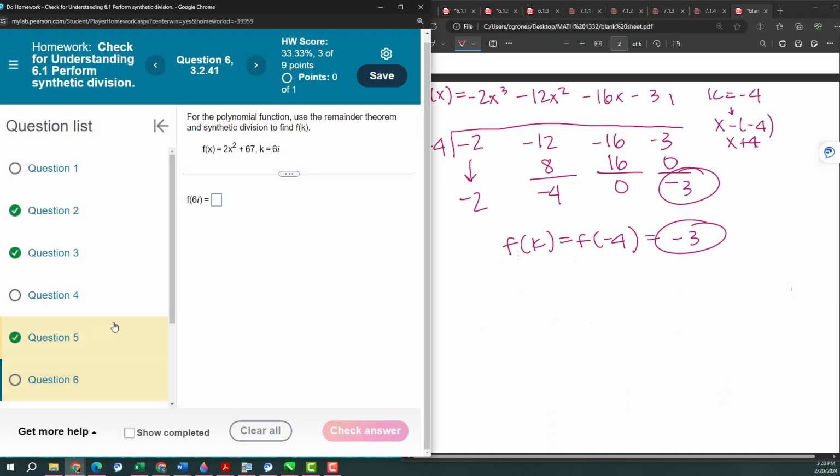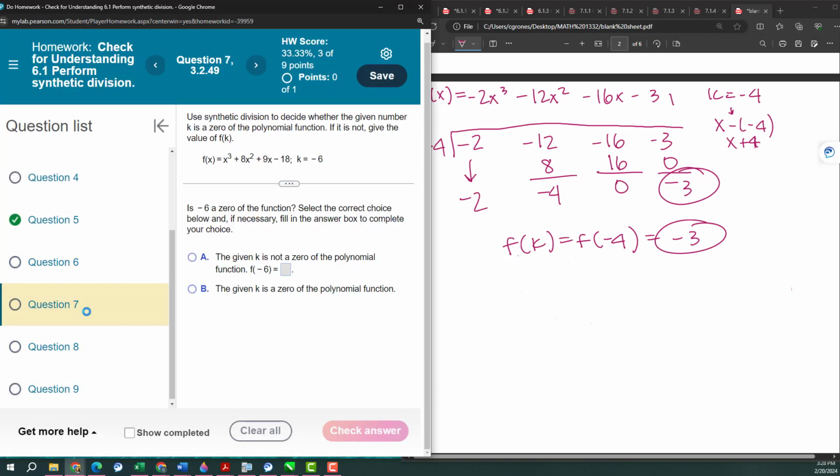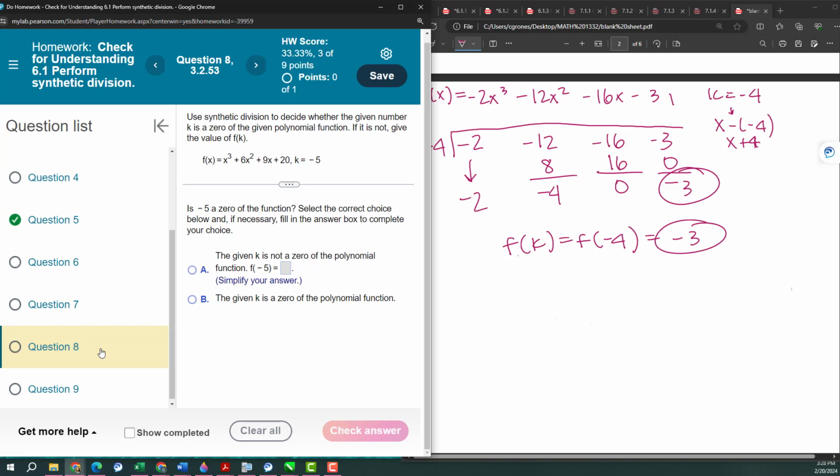All right, next question. I'm not going to do number 6. I'm not going to do number 7. I will do number 8. It says use synthetic division to decide whether the given number k is a 0 of the given polynomial function.